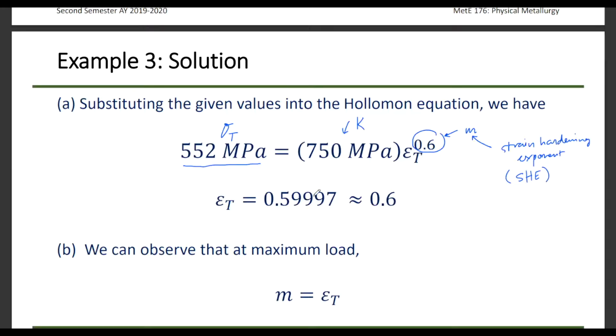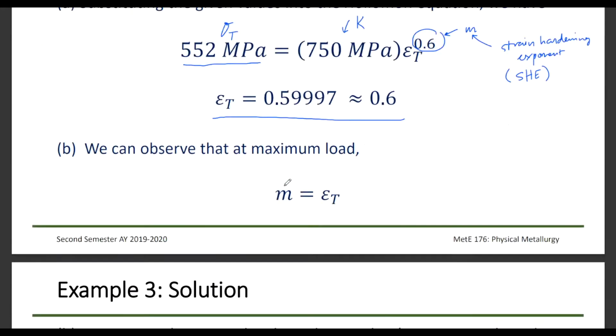Okay. So sigma T is equal to 0.59997, which is approximately equal to 0.6. No? So we can observe that at the maximum load, M is equal to sigma T.